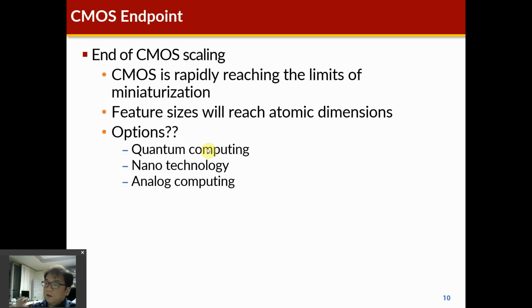And what will be the future of the computer system? No one actually knows, but this end of the CMOS scaling is a critical and very challenging issue in the semiconductor industry and computer architecture.